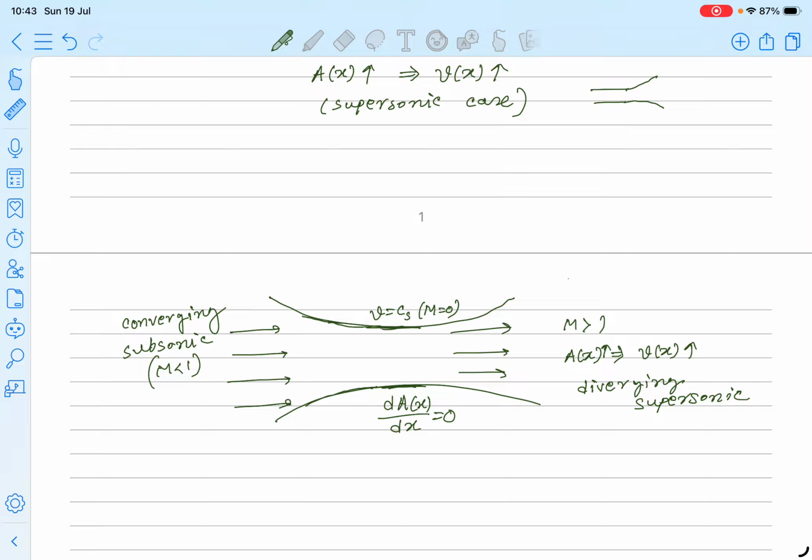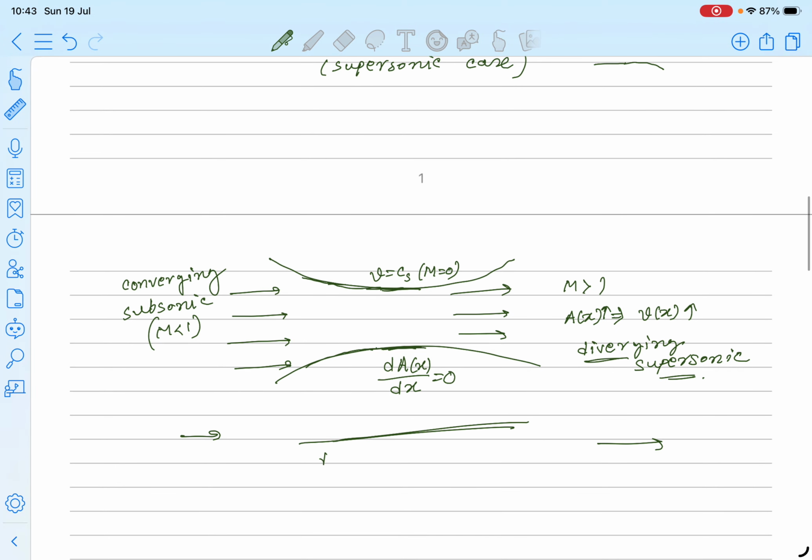If you keep increasing the cross section of the pipe, the flow speed will keep increasing. That's why it is called diverging supersonic. So this is a nozzle where you give a subsonic flow and make it supersonic, and this type of nozzle is called the De Laval nozzle. Thank you.